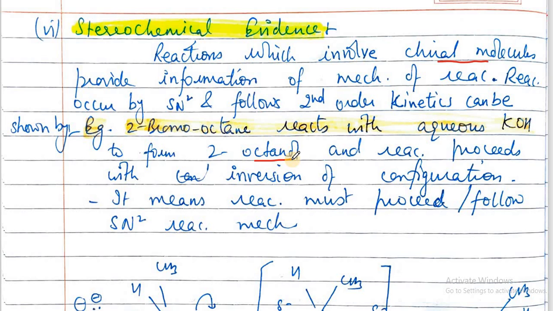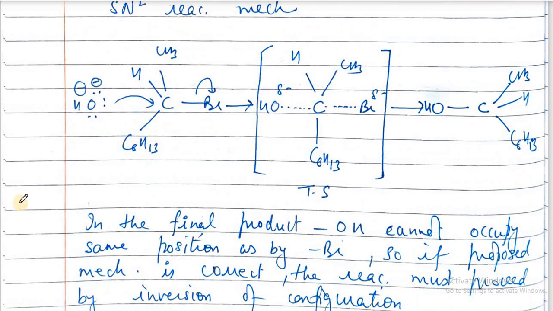This reaction proceeds with inversion of configuration, and it means that the reaction must follow the SN2 reaction mechanism, because in SN2 only the inverted products are formed. That is, this is a halide.